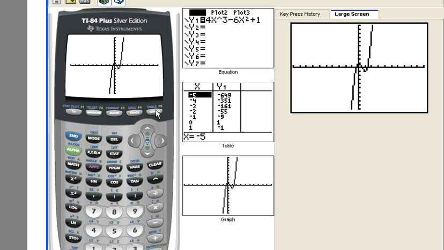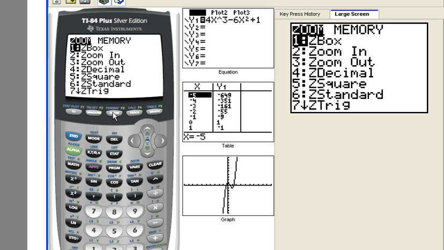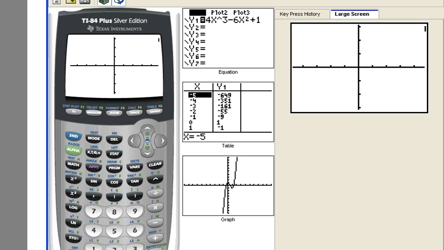There's my graph. Let me show you a nice window to go to, which is Zoom 4. Zoom decimal. If you have a decimal equivalent 0, in Zoom 4 you should be able to trace and find it.